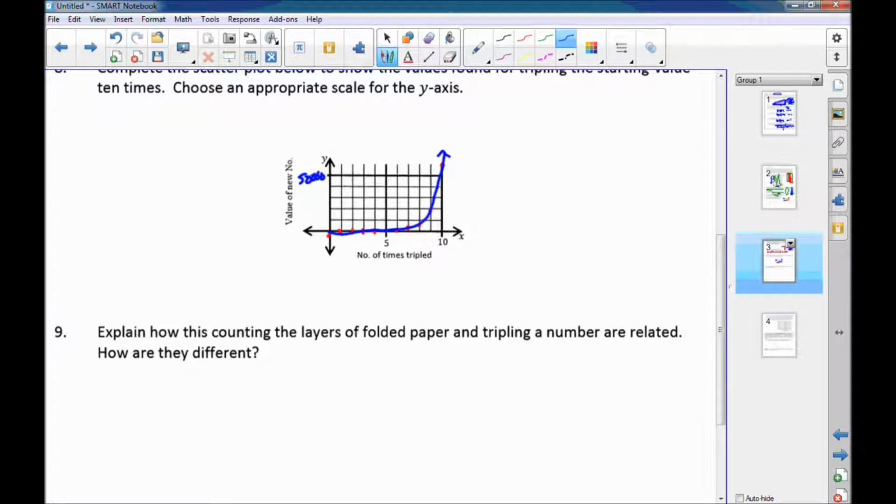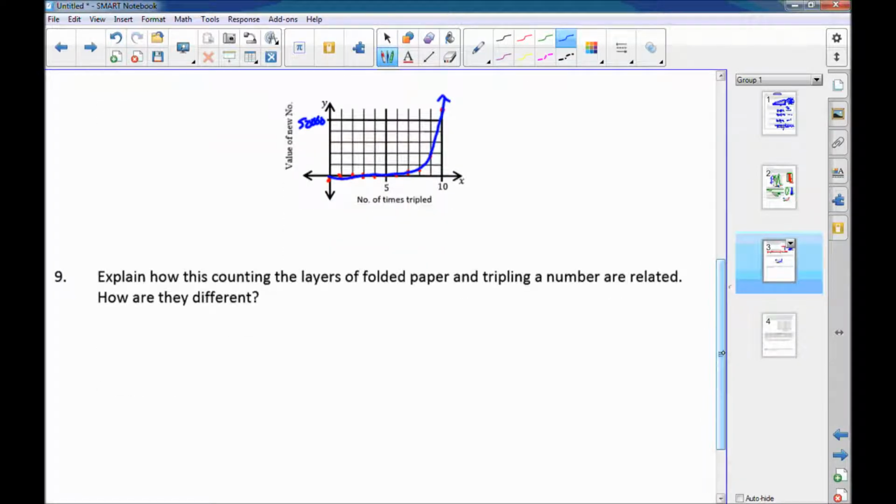Okay? So explain how counting the layers of the folded paper and tripling numbers are related. Both are exponential growth functions.